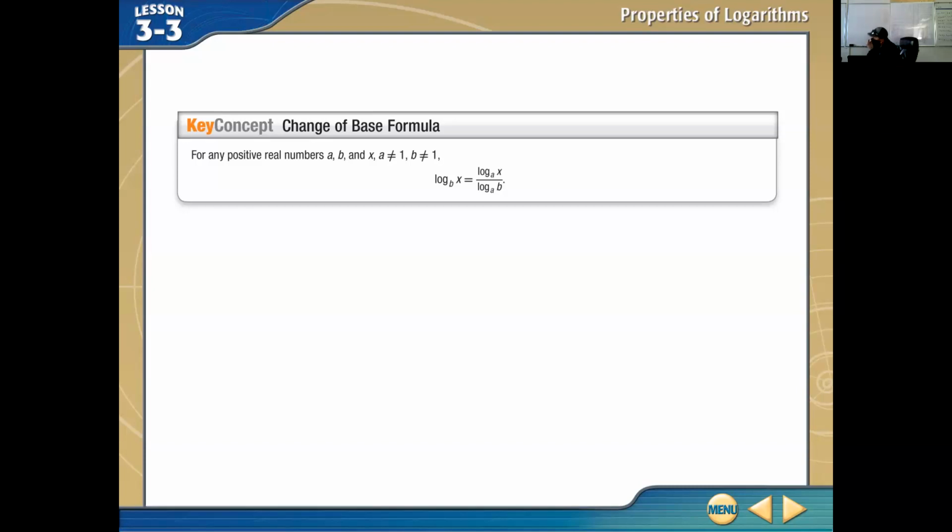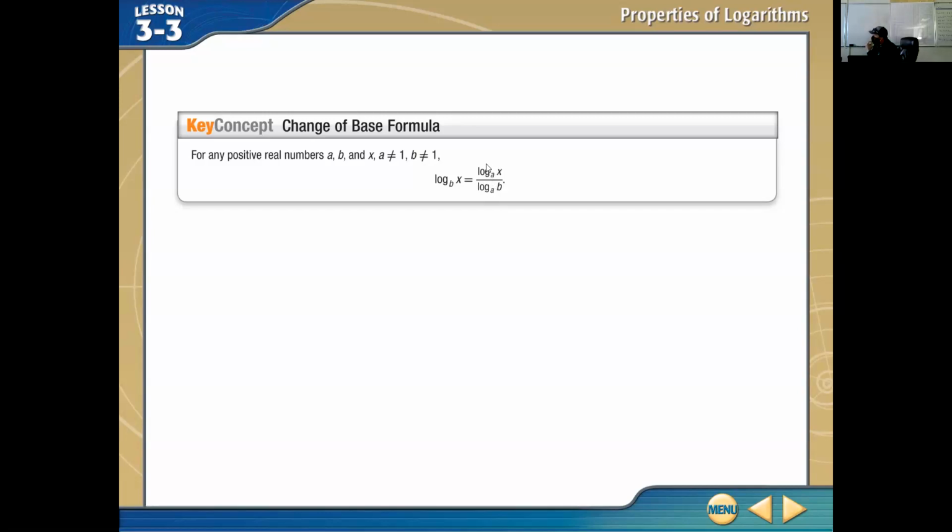Okay, now when I'm doing this, if you look, the base was b, that becomes the answer of my second logarithm, and x becomes the answer of my first one. What I want to do is select actual logarithms that I can plug into the calculator. So for this, I am always going to be using the common log or the natural log.